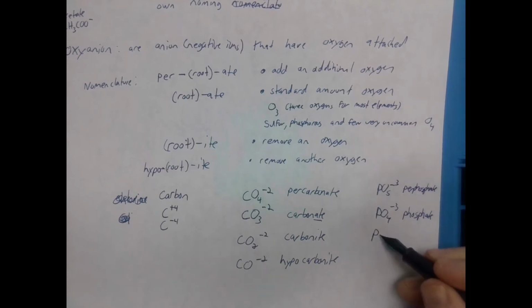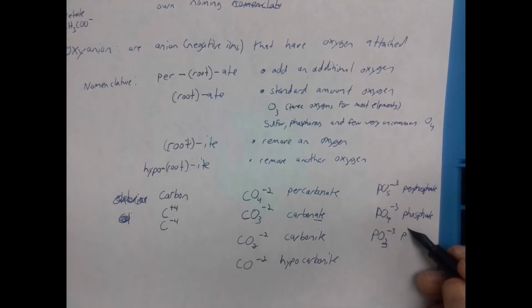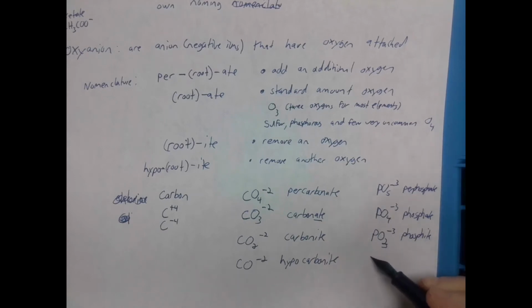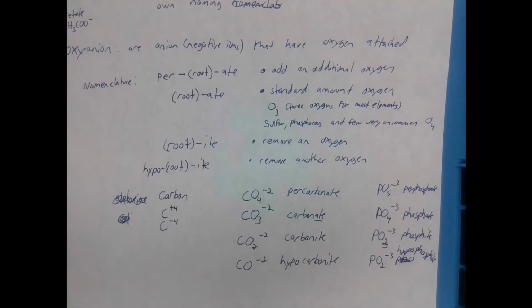And if you remove an oxygen, it becomes phosphite. Note the -ite version for this one is with a 3, and if you remove another one, it becomes hypophosphite. Usually, you only see phosphite and phosphate. You don't ever see hypophosphate or perphosphate.